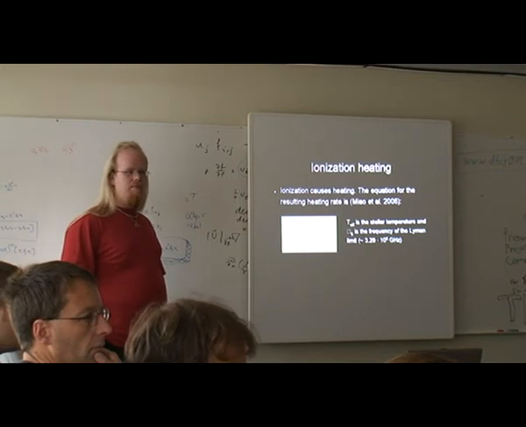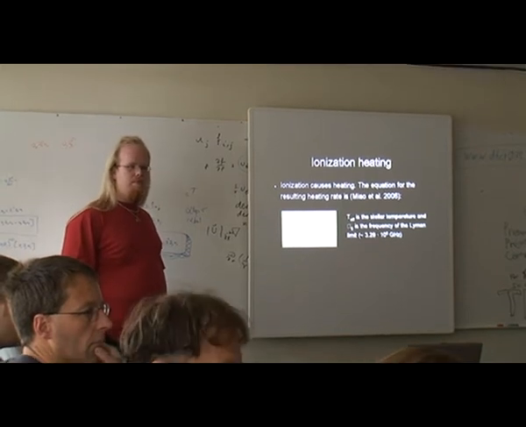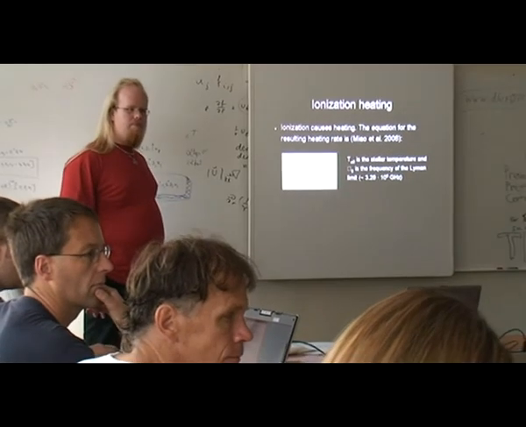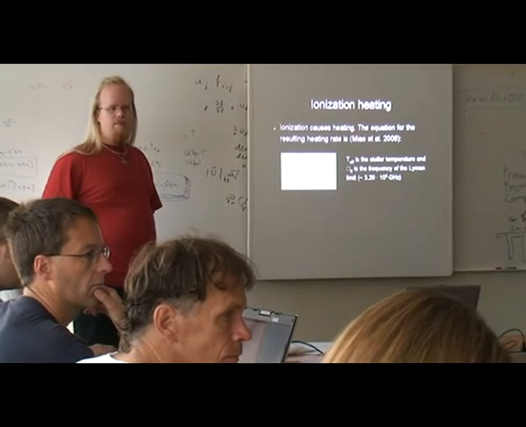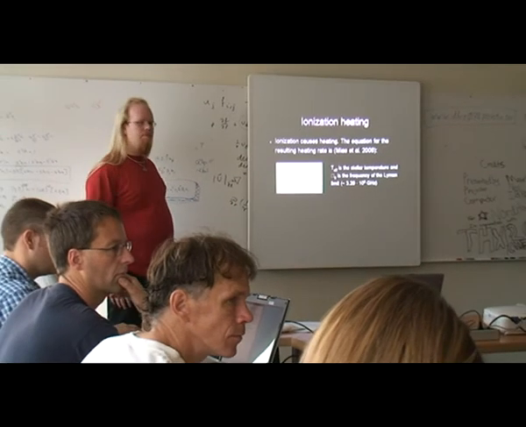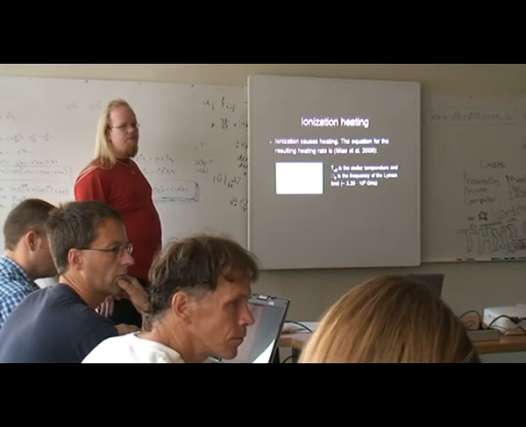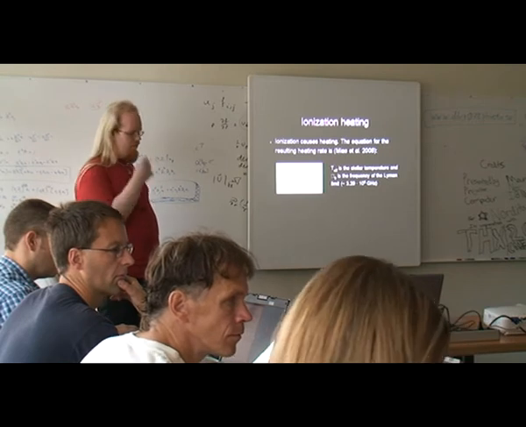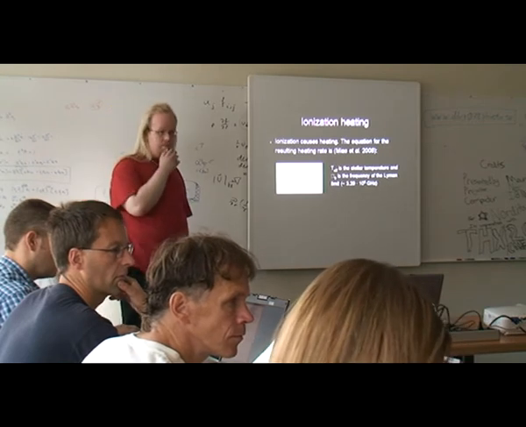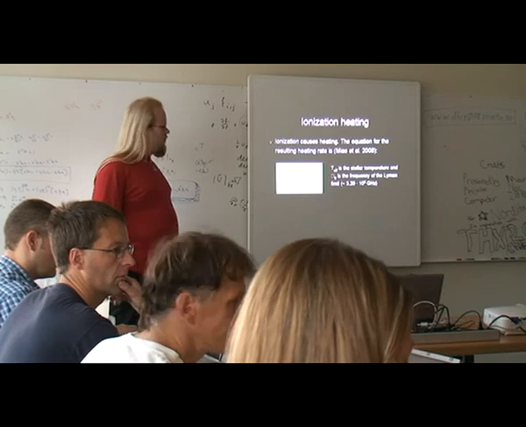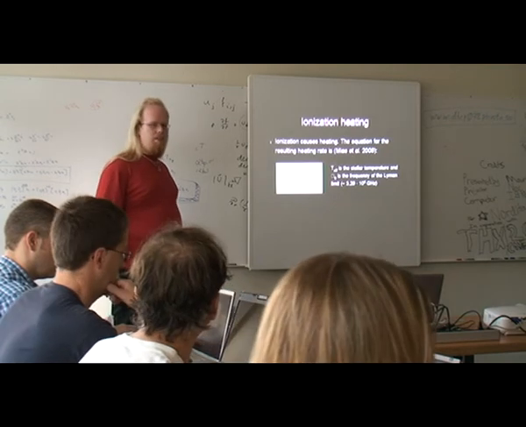Yes, so in principle this is an integral over the amount of photons that are still available at the position where you're trying to calculate the heating due to absorption. You've lost some of them, which is also frequency dependent. And then times the energy of the photon. Yeah, right. Okay.